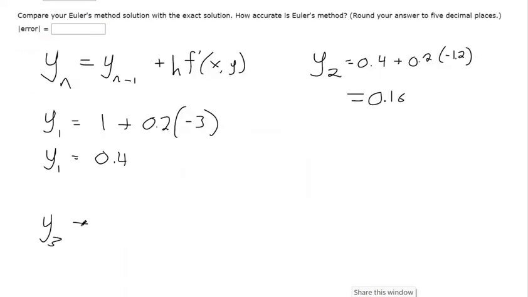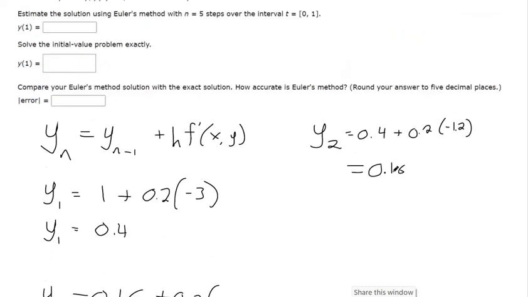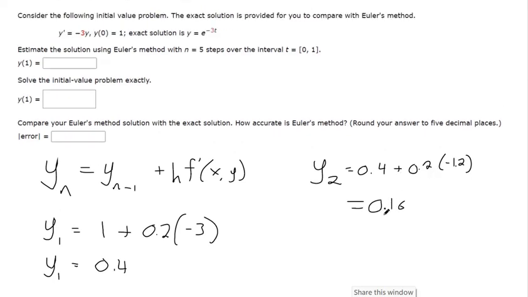Then we just keep repeating that process. So our 0.16 was our last known approximation on our steps. So 0.2, and then we multiply this times the derivative at y is 0.16. So I think this notation actually should say n minus 1 and n minus 1 here. Sorry, I forgot about that, but that means the previous step.